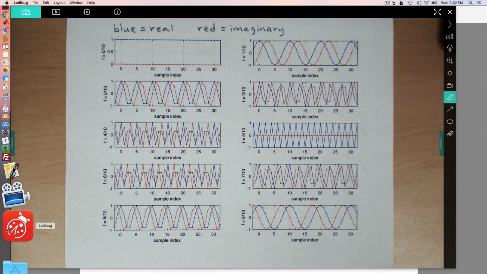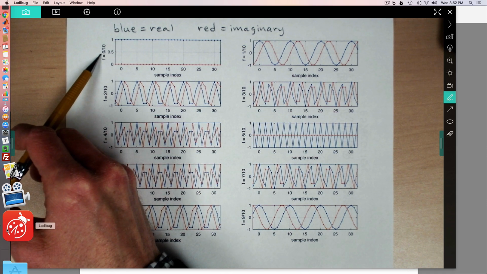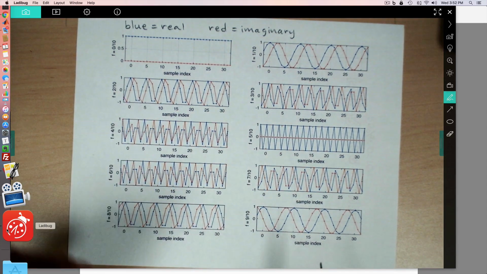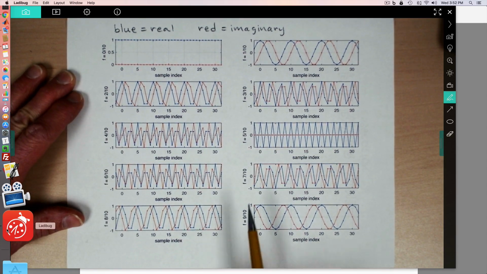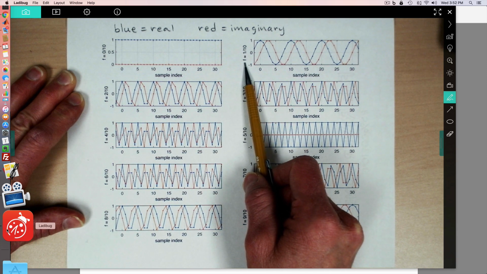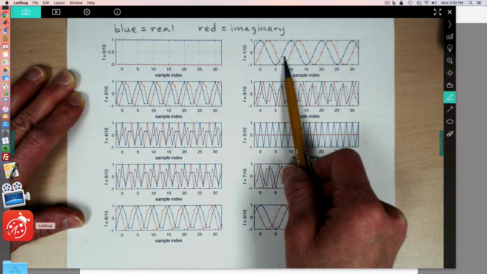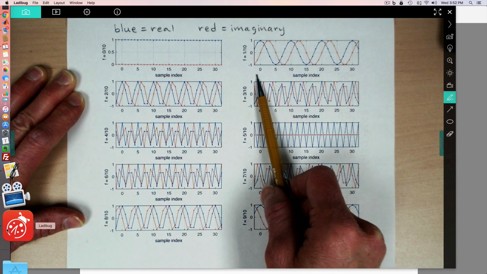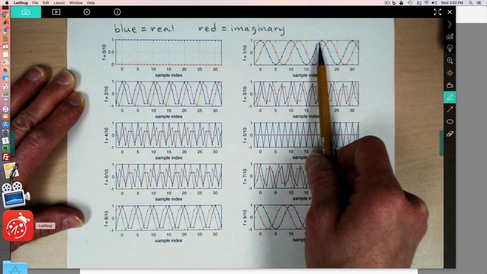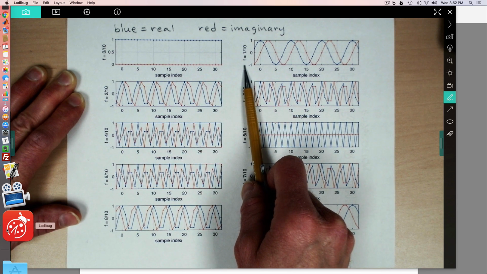I'm showing the frequencies over here on the y-axis label. So this is a frequency of 0 cycles per sample, and so that gives us just a constant. Over here I've increased it to 1/10 of a cycle per sample. And so you can see that the period is 10. The x-axis goes between about 0 and 30. So you can see that we have 3 cycles of this sinusoid over that interval.